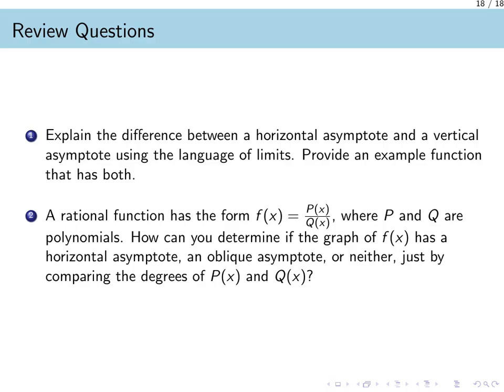This comparison immediately tells you whether to expect a horizontal asymptote, an oblique or slant asymptote, or neither. For instance, if the numerator's degree is 1 greater than the denominator's, we expect a slant asymptote. Mastering both the formal limit definitions and these degree rules gives you a complete toolkit for understanding the end behavior of functions.